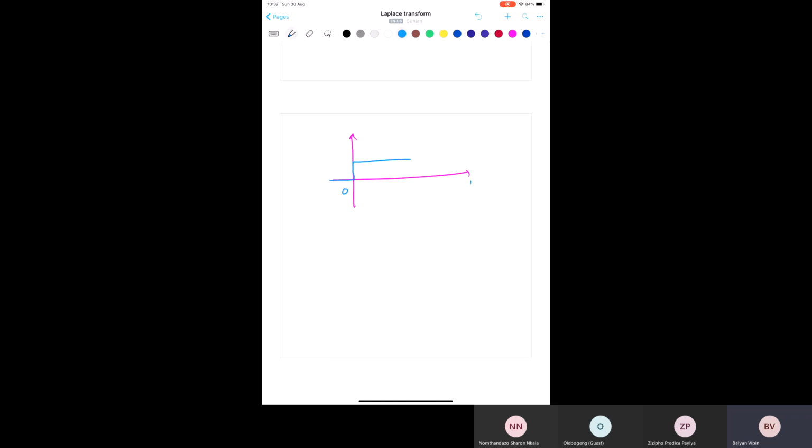So this is the unit step function. This is u of t. It has amplitude 1 starting from 0 and up to infinity. So basically u of t is defined as 1 for t greater than or equal to 0, and 0 else. I can write it like this also. So this is your unit step function.